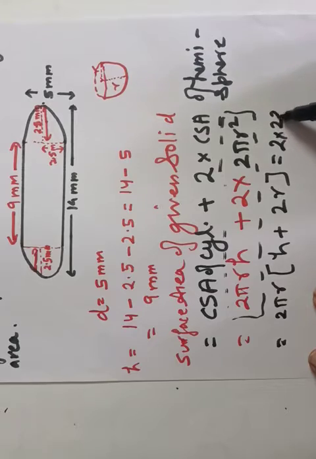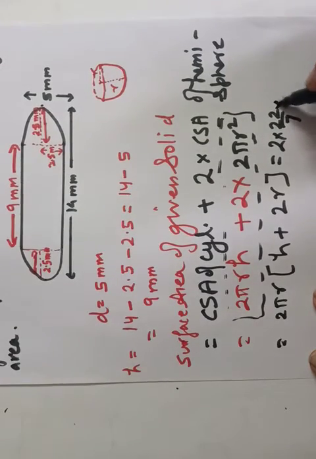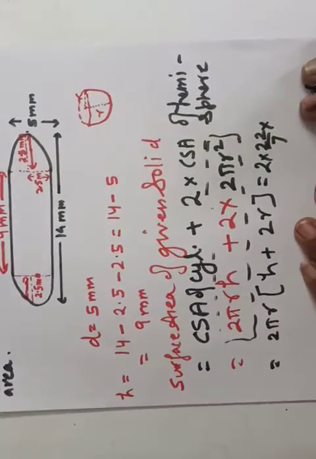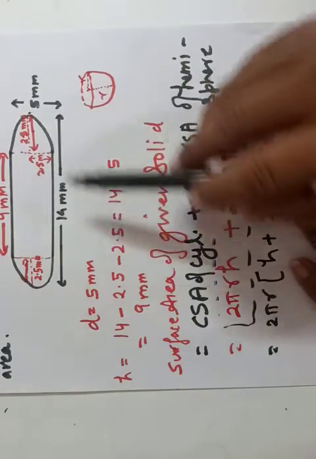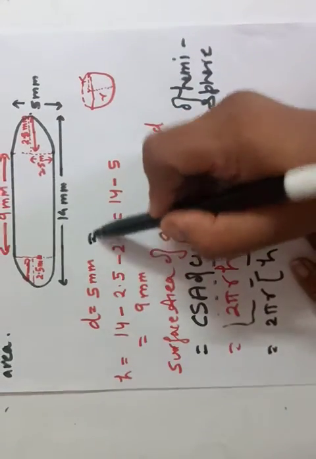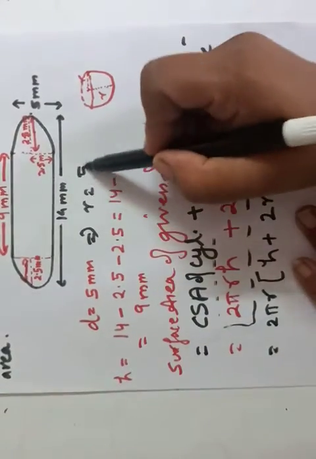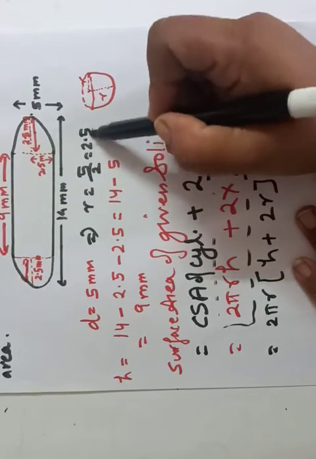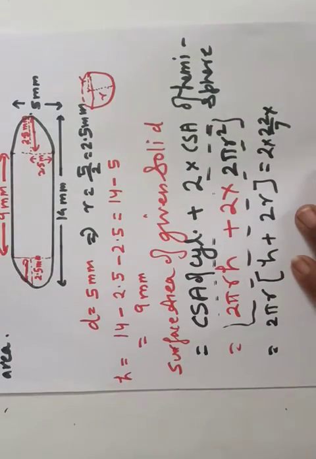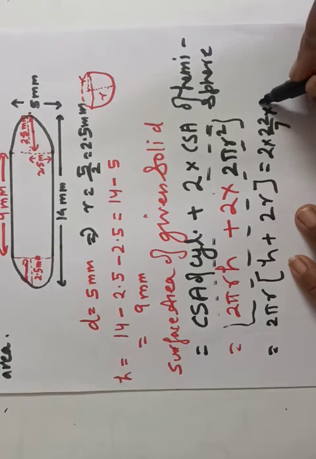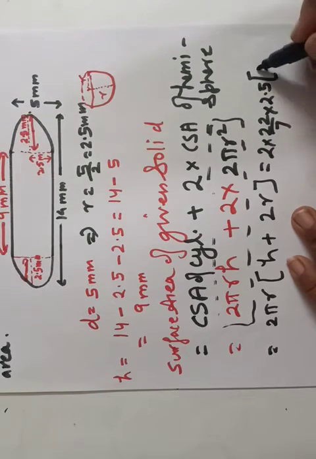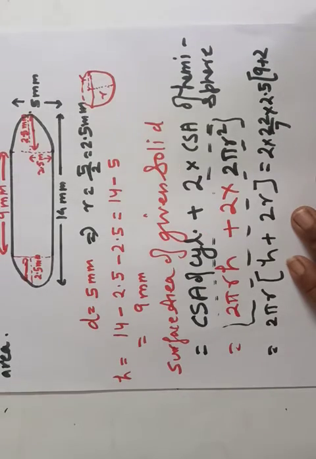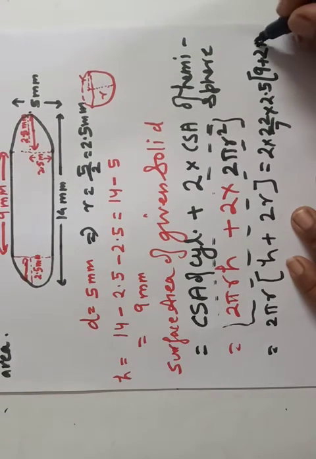Now just put the values: 2 into 22 upon 7. I already told you that we have to use 22 upon 7 unless it is given otherwise. So what is the radius here? We have d equal to 5 mm, so r is equal to 5 upon 2, that is 2.5 mm. So 2.5, and in the bracket h is 9 plus 2 into 2.5.